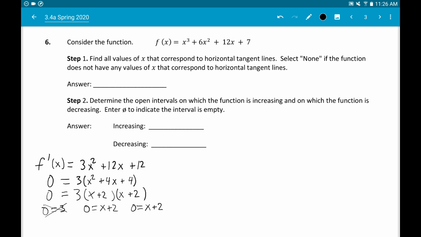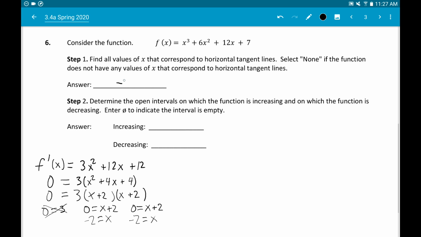For 0 equal x plus 2, if we subtract 2 over, x is going to be -2. And our other equation is the same, so we get -2 twice. There's no need to list that twice. In fact, if you try to list it twice, it's going to mark it incorrect. -2 is the same thing as -2. So in step 1, you just have -2 as your horizontal tangent.